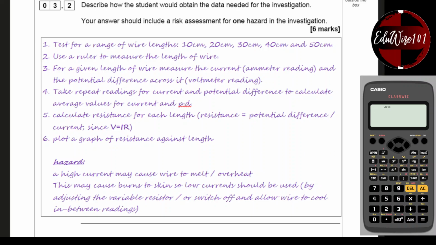Now, the graph would have length there and resistance on the y-axis. The hazard is a high current may cause the wire to melt or to overheat. This may cause burns to the skin, so a low current should be used by adjusting the variable resistor, or switch off and allow the wire to cool in between the readings.